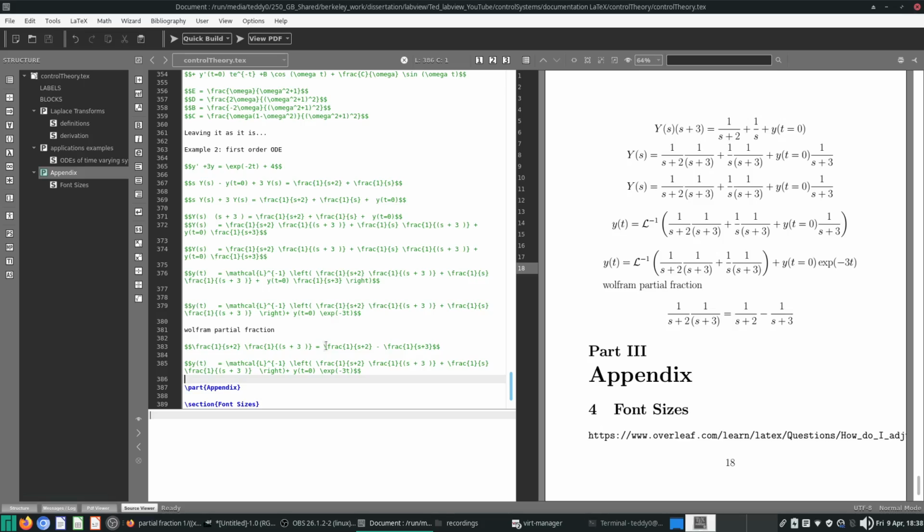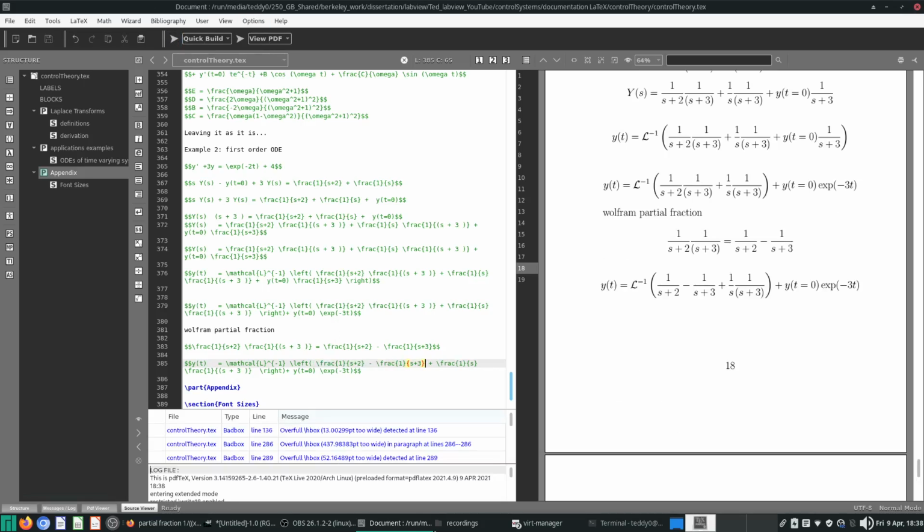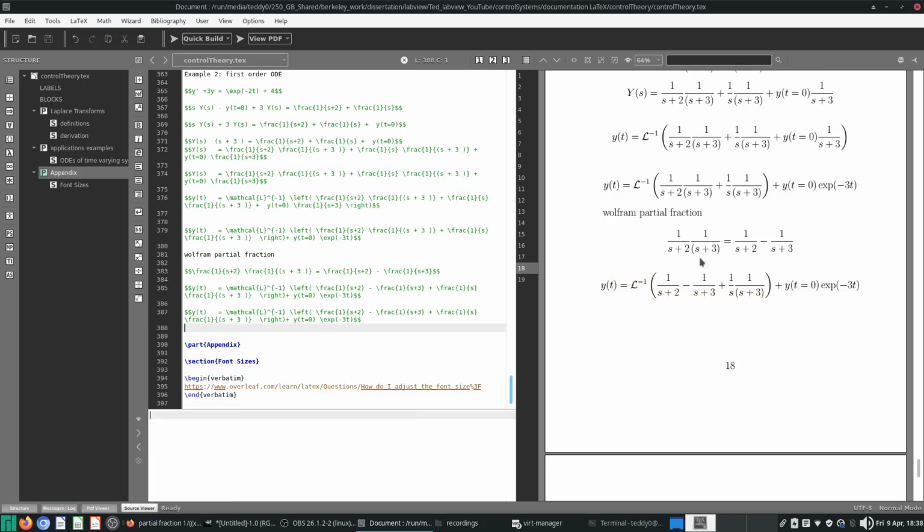So we'll just substitute all of this in here, and we'll just get these two exponentials out. So I have exponential minus 2t minus exponential minus 3t. Okay, so these two are out.